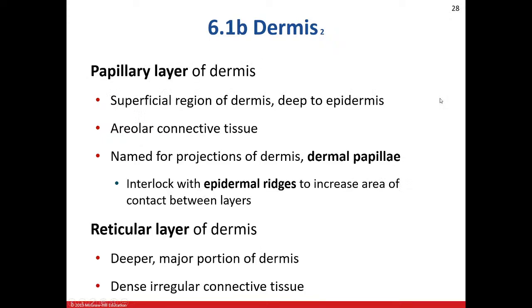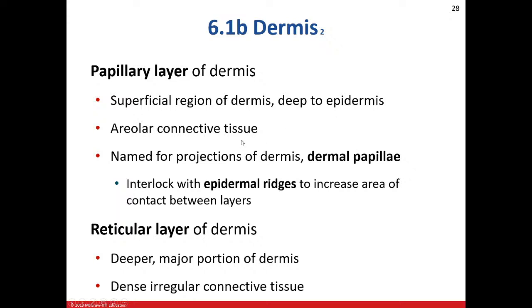All right, so the papillary layer of the dermis is superficial to the reticular layer. In other words, it's on top of the reticular layer, and it is immediately deep to the epidermis. It's right under the epidermis. Oh, by the way, one way to remember the difference between the dermis and the epidermis: epi means above, and so the epidermis is above the dermis, right?